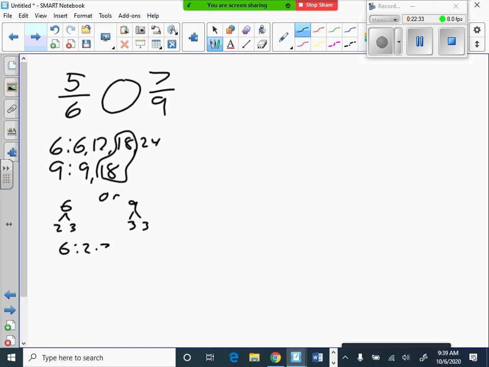So if 6 is 2 times 3 and 9 is 3 times 3, my least common multiple is 2 times 3 times 3, which is 18. I just want you to see those because as numbers get bigger and bigger, guys, this is the easiest way to do it. All right, so let's make them common numbers. 5/6 becomes what?